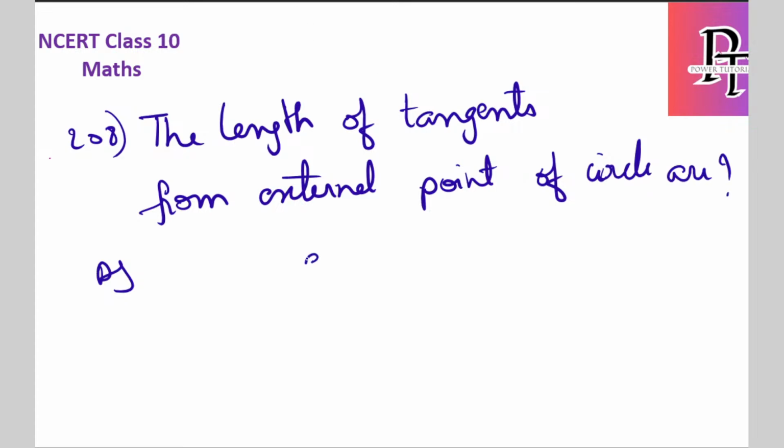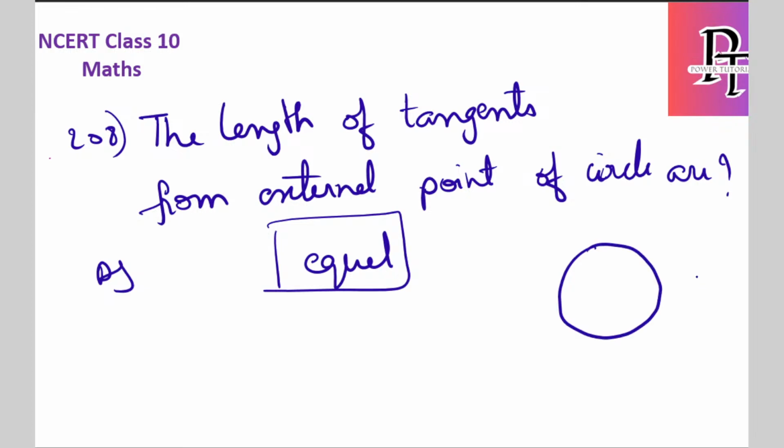The answer is equal. So I'll just give an example. If I say this is a circle and this is the external point of the circle, from the external point we can draw two tangents. Mark this as a point, then this is the first tangent and this is the second tangent. Then this distance, suppose this is A, then this will also be A. Okay, length of tangents from an external point to the circle are always equal.